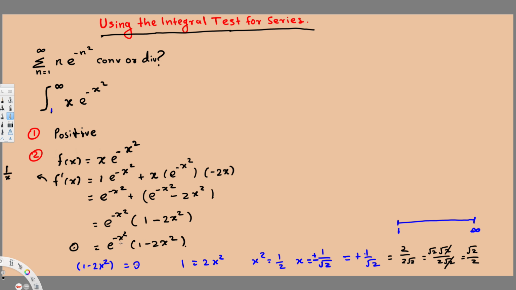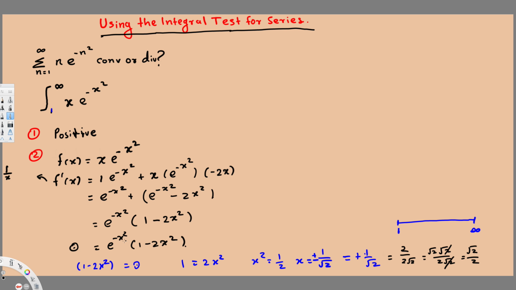Here we have e to the power negative 2 square, which is a negative exponent, and then 1 minus 2x square. Positive times negative is going to be a negative value.